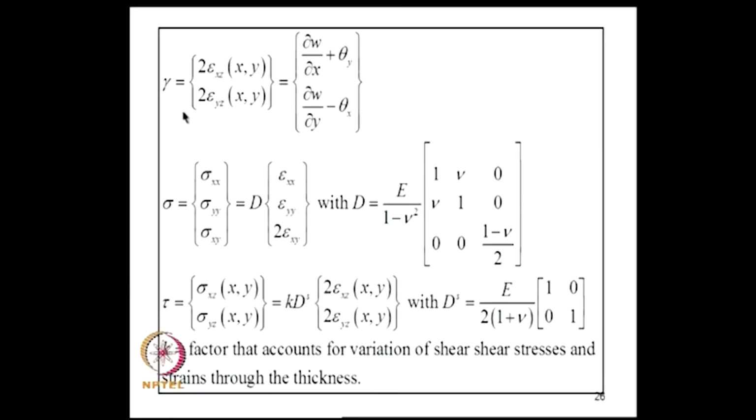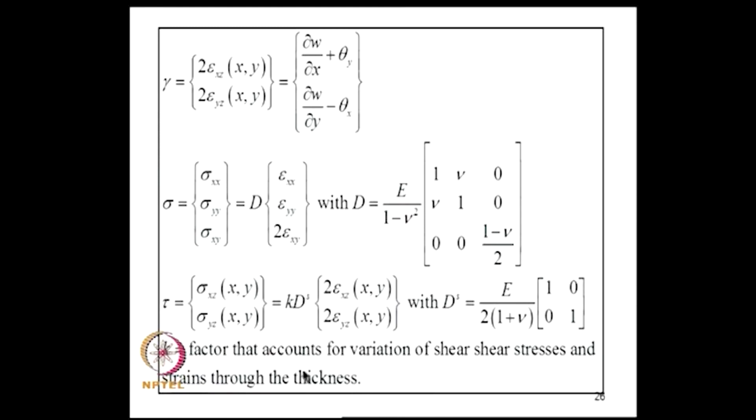We call this vector of shearing strain gamma, and now we have sigma, which will include sigma xx, yy and xy, and tau, which includes shearing stresses. Sigma is related to epsilon xx, epsilon yy and shearing strain with D being this. Now, shearing stresses are related to shearing strains with this being the D matrix. So, we will now call it Ds and this D. Now, this factor k accounts for the variation of shear stresses and strains through the thickness.